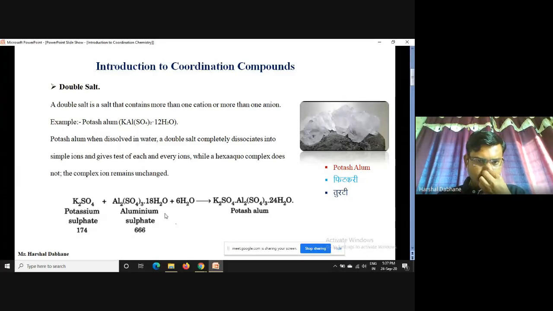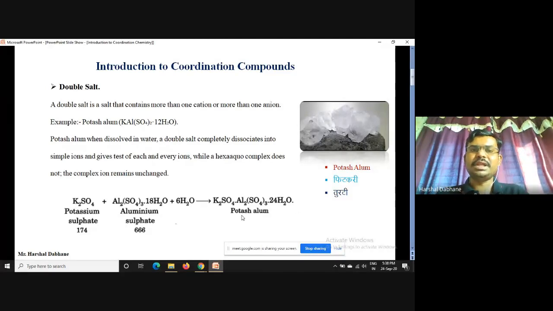So we take two different chemicals, potassium sulfate and aluminum sulfate, plus water, and when we heat it, we get a compound with the molecular formula K2SO4·Al2(SO4)3, and combinedly it is written as KAl(SO4)2. So this is called potash alum, which is an example of a double salt.